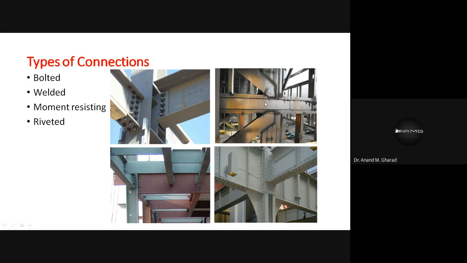This is a smooth connection, and you can see two different members, let's say this horizontal member and this diagonal member. They are more or less monolithic, in the sense they are connected by virtue of this weld, isn't it? So this is a welding connection or welded connection.